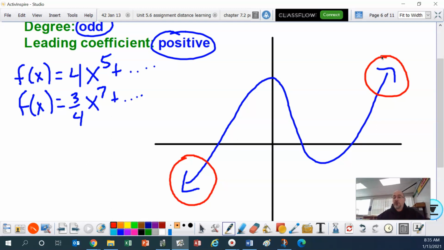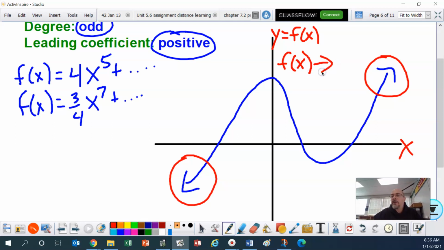So what is this doing? Again, this is x, this is y. Now that's the same as the f of x. F of x represents the y. So what is happening here, folks?